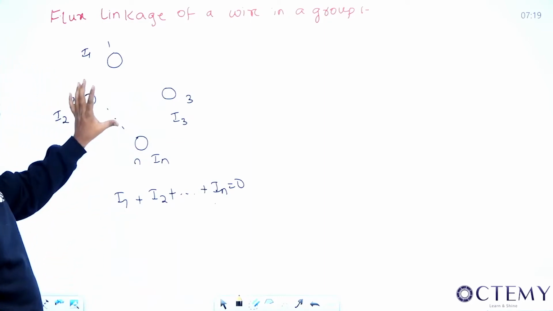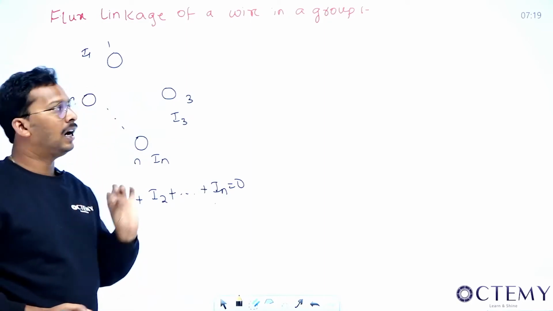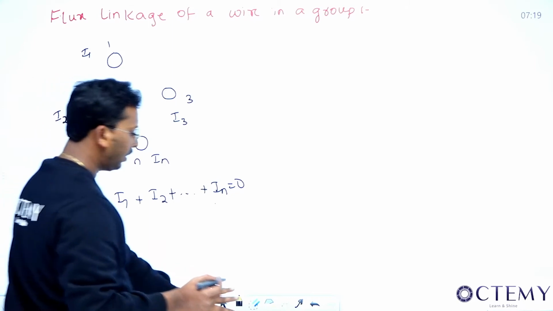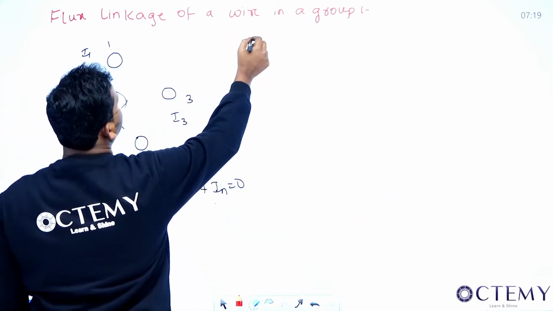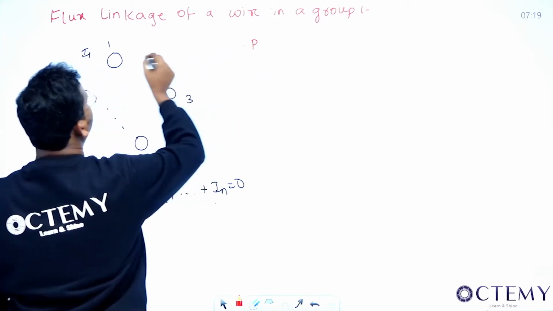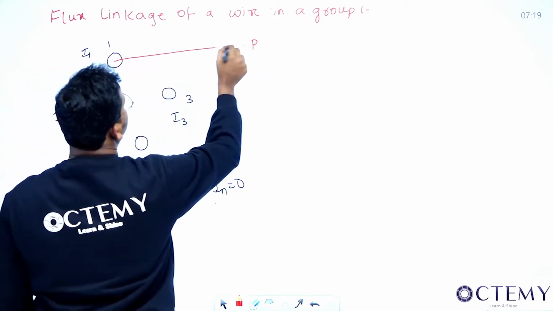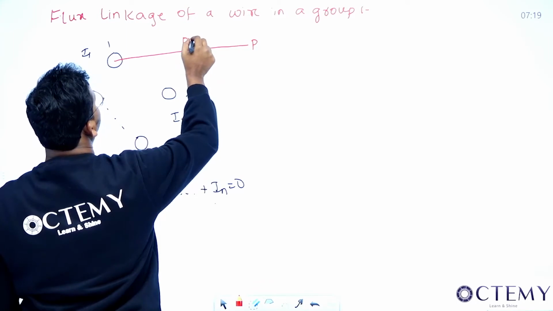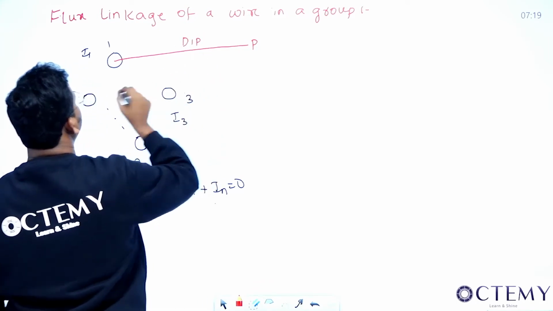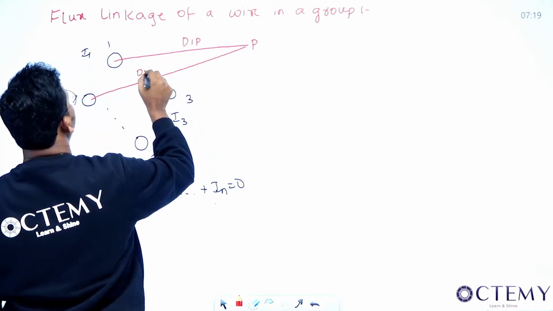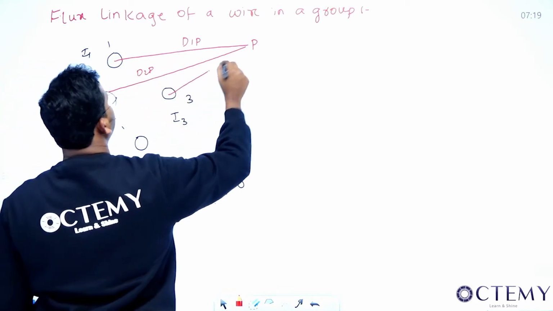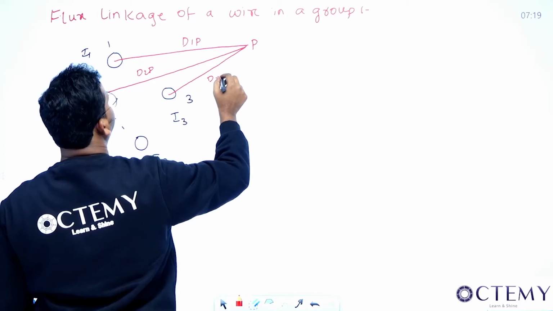Next is, I have to find the flux linkage. Assume there is a point P at a distance D, because this is a general thing. So this is a point P and the distance from the first conductor is say D1P. Similarly, the distance from the second conductor is D2P. This is D3P.